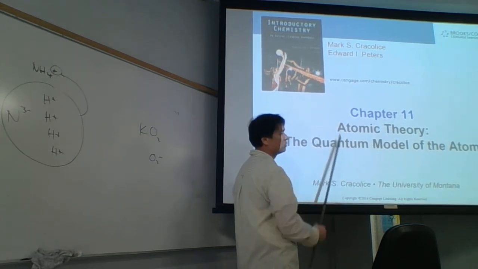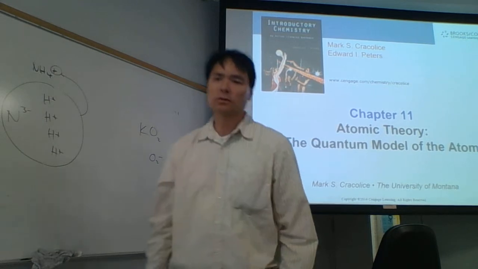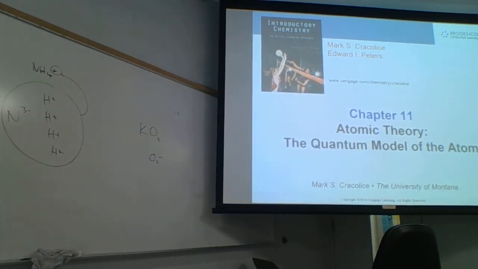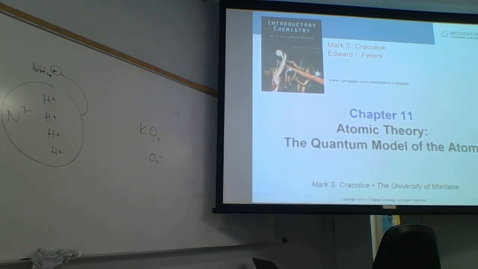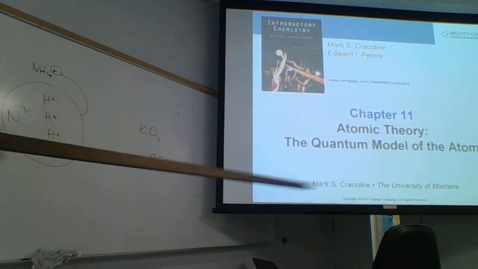This is chapter 11, quantum mechanics, or quantum theory, or quantum chemistry, or quantum model of the atom. So we're going to look at atomic theory in general, because so far, all this chemistry stuff is pattern-based. We're figuring out the properties, ammonium nitrate, whatever else, based on patterns and a little bit of theory. And so we're going to dig deeper into the theoretical aspects of chemistry. So we'll start that tomorrow.